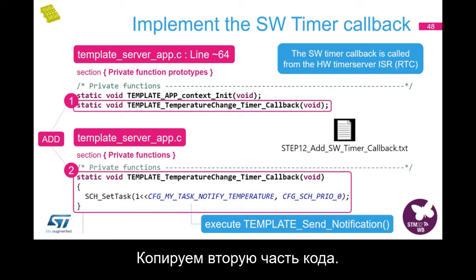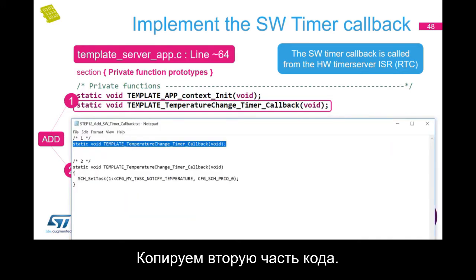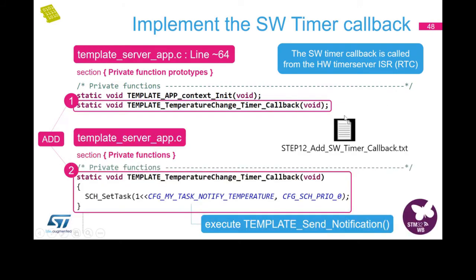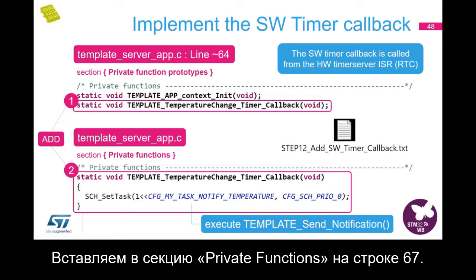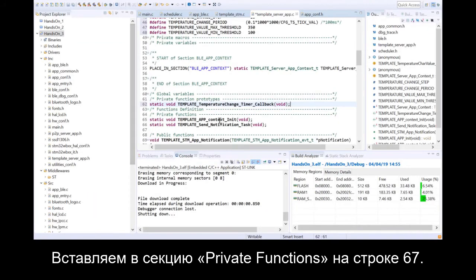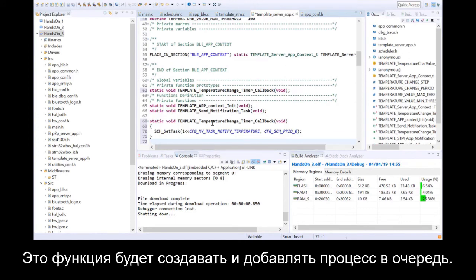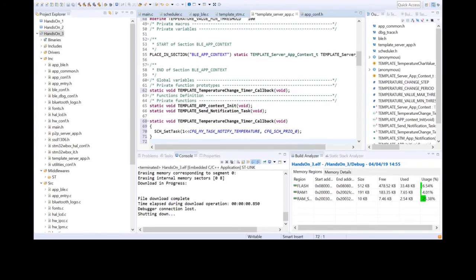So if we go back to our software section, take that, and that should now go into private functions, which is here at line 67. There we go. So that's our callback routine, which is going to schedule our task.